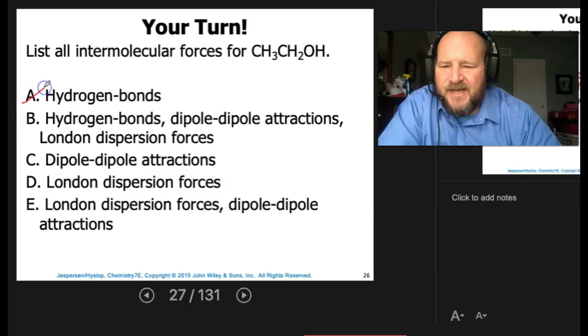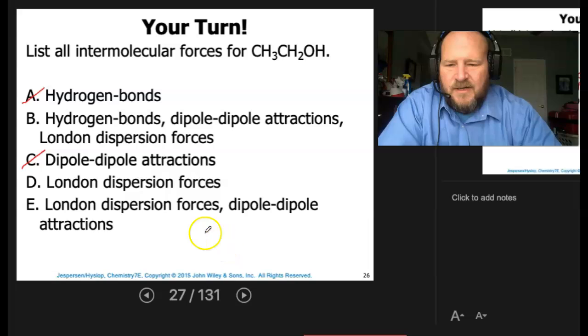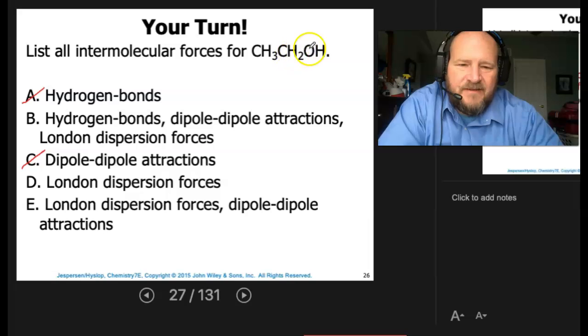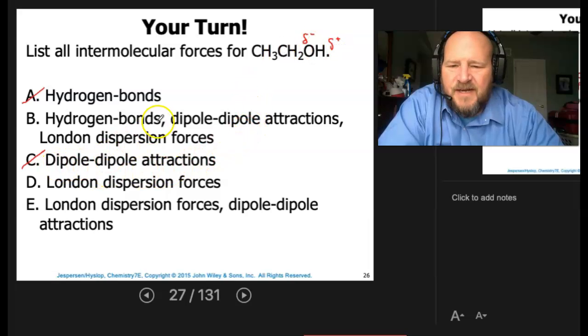So it can't be just A, it can't be just C. Can we have a dipole-dipole interaction? Well, to have a dipole interaction, we have to have a positive end and a negative end. And we have that here, right? Oxygen will be partially negative, hydrogen would be partially positive, and so we have dipole-dipole. So that means D is out.